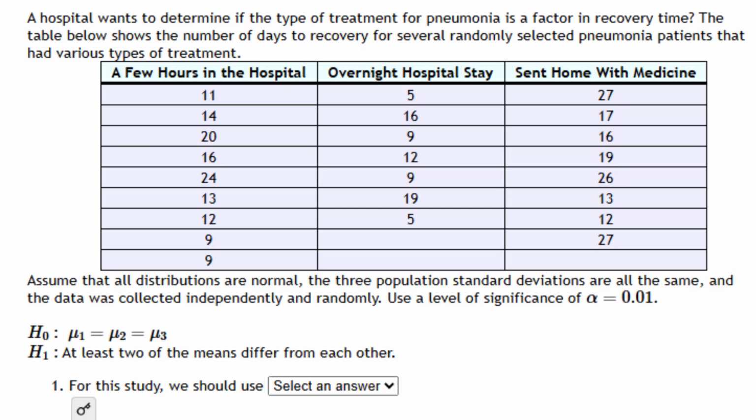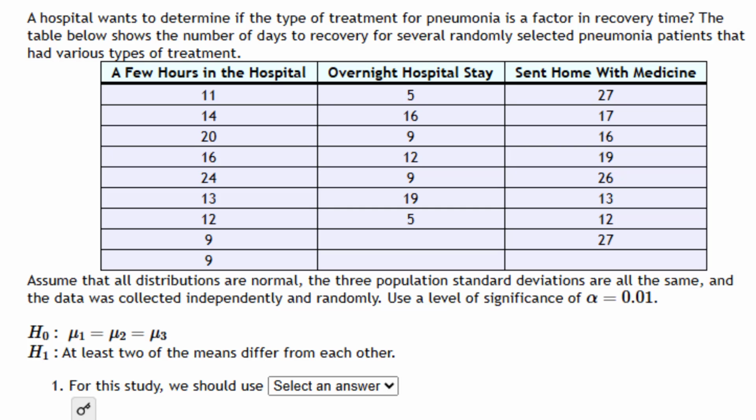In this scenario, we have a hospital that wants to determine if the type of treatment that a patient receives for pneumonia is a factor in their recovery time. And the table of data that we have is the number of days it took for a bunch of randomly selected patients to recover from pneumonia, given the three different treatments, right?